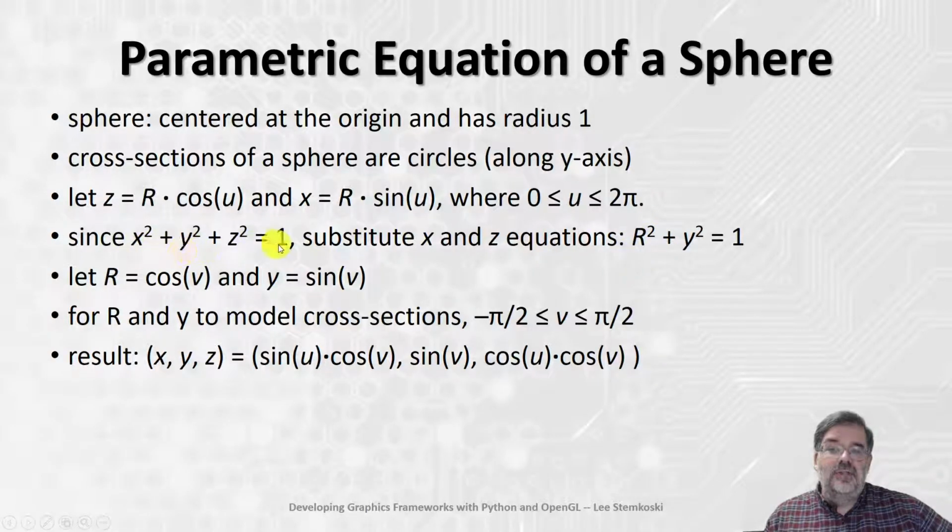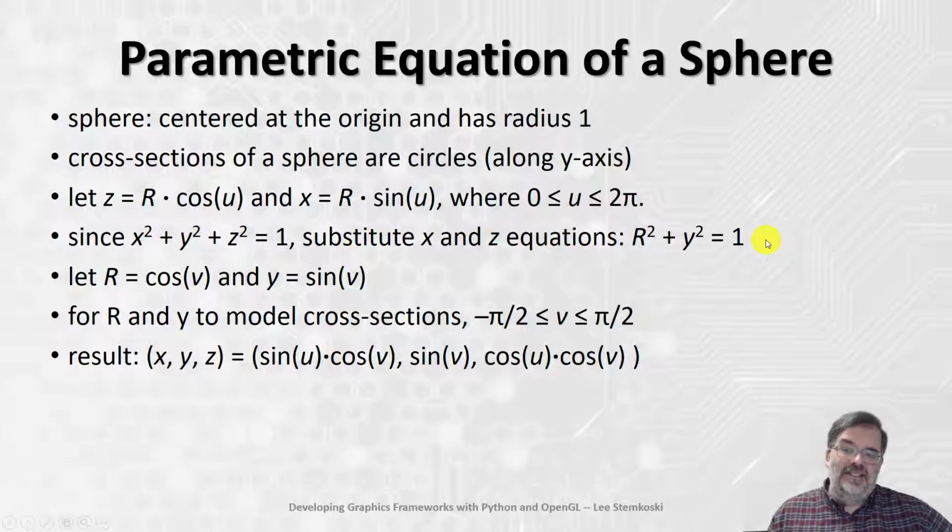So after substitution, this equation becomes r squared plus y squared equals 1. It's a circle again. And so the easiest way to parameterize a circle is, again, by using cosine and sine.